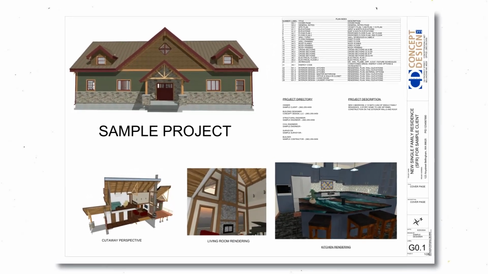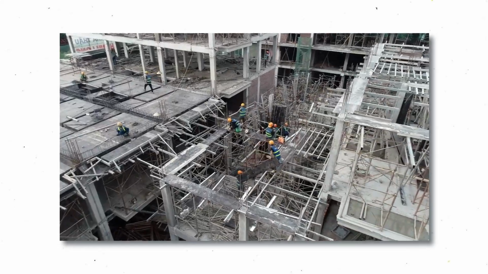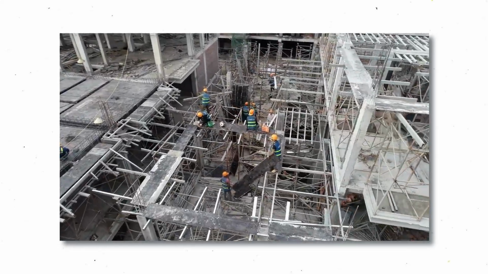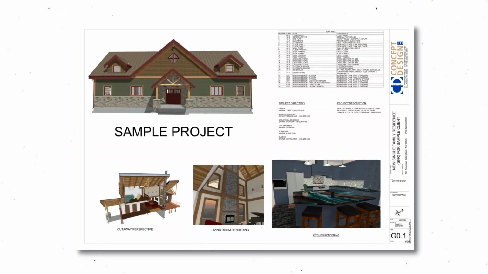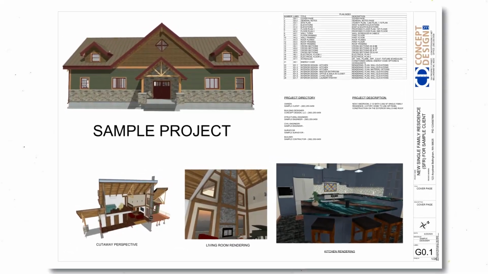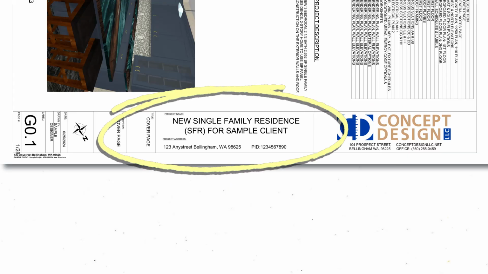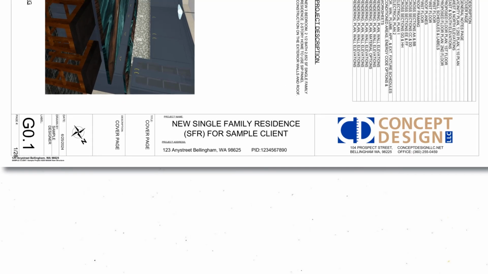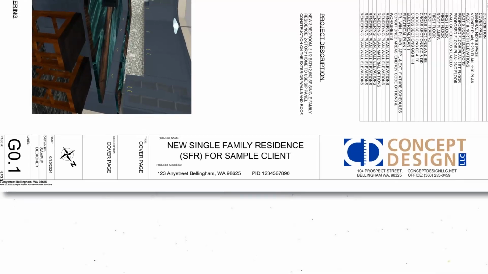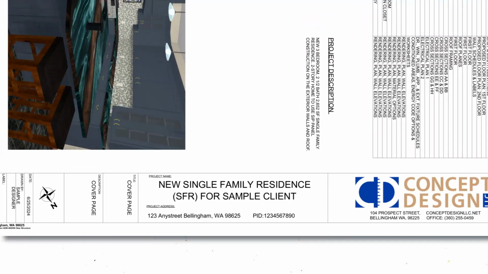Imagine getting your hands on a blueprint, starting work, and realizing it's for the wrong house or building. Nightmare, right? This is especially important for builders or contractors working on multiple sites simultaneously. The project name makes sure you're working on the correct project, and it's usually the largest piece of text in the title block, making it easy to spot.